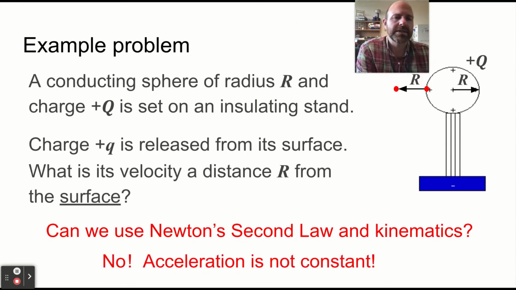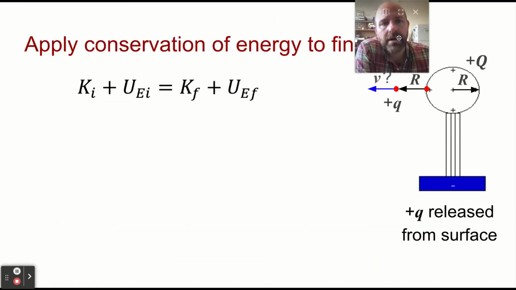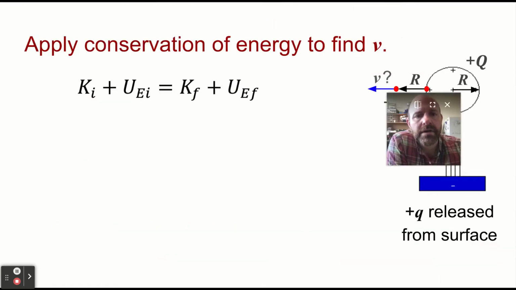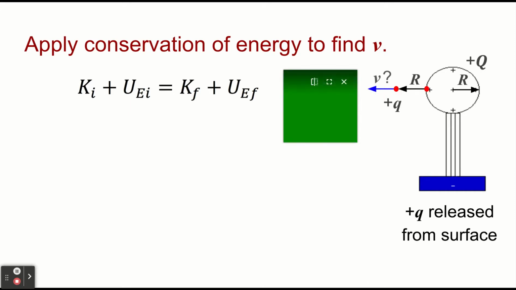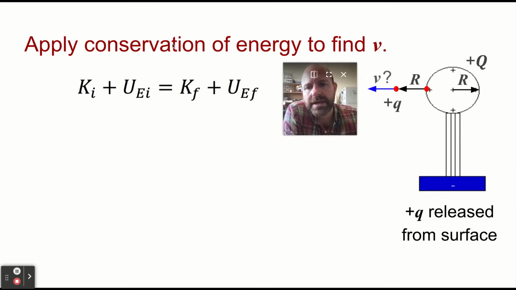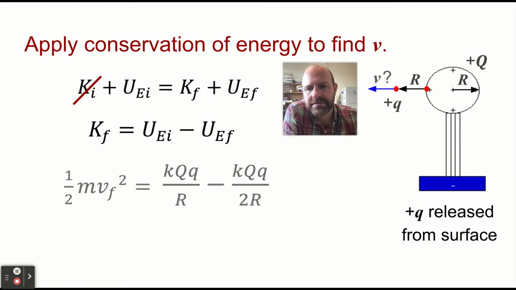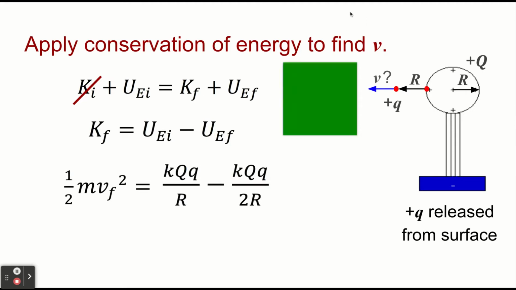No, acceleration isn't constant, so we need to use conservation of energy. That's the easiest way to do this one for q released from the surface. So we're going to start with kinetic plus potential at the beginning equals kinetic plus potential at the end. No kinetic at the beginning, right? Because it's at rest. So K final is the difference in the potential energies from the surface to the outside.